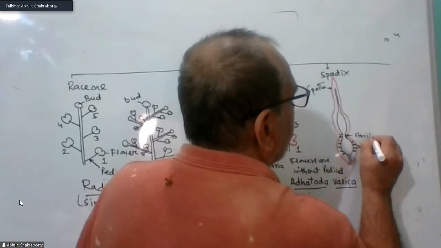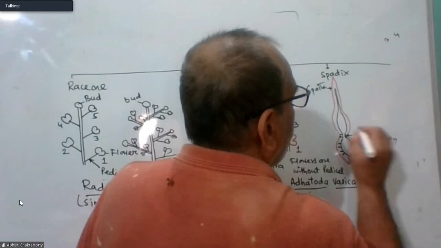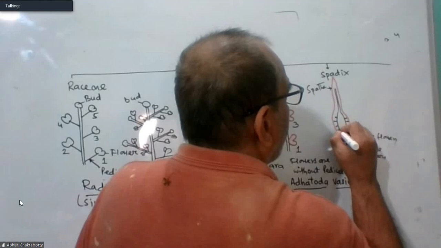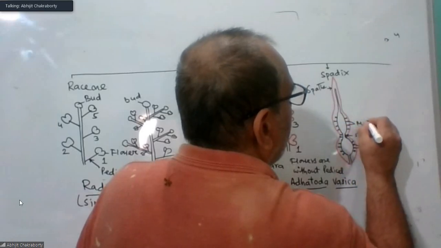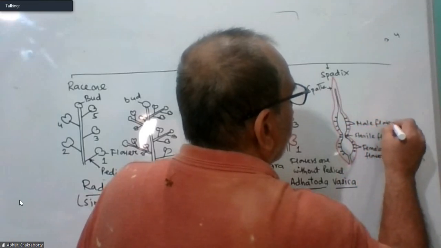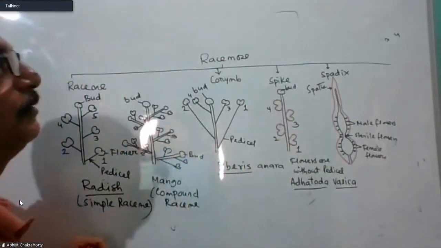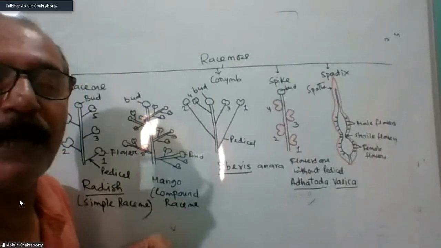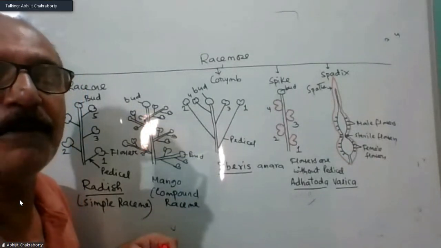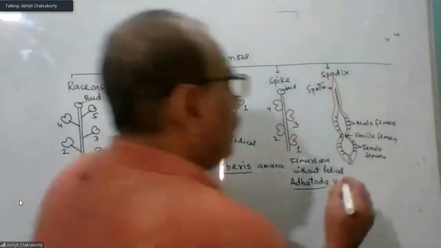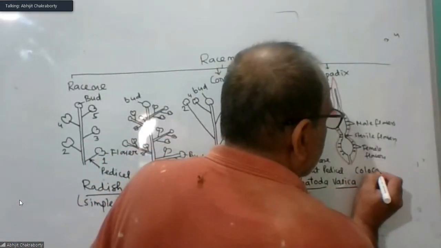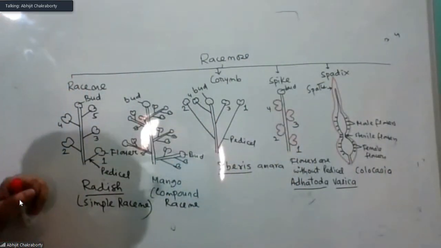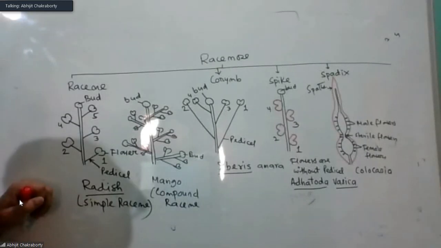Sterile flowers. Male flowers. As the whole inflorescence is protected by a spathe, hence the term spadix, found in colocasia. Colocasia means arum, in Bengali kochu. So this is the spadix.